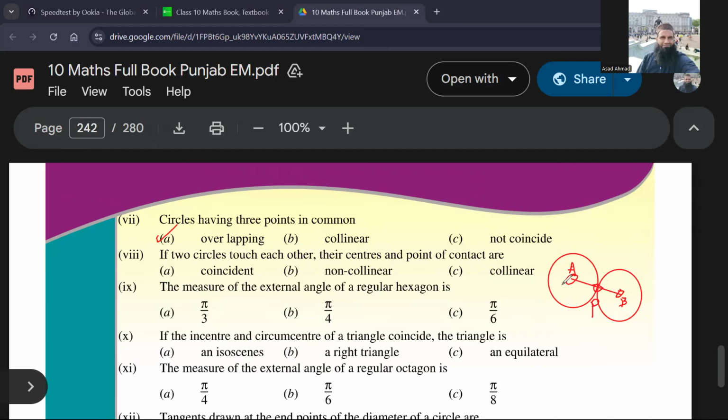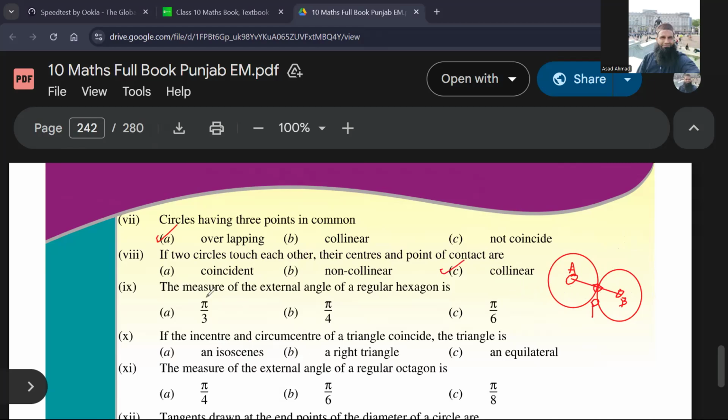Then all 3 points, their centers and point of contact, they lie on the same straight line. So if it is a case like this externally touching circles, even if the circles are internally touching, even then point of contact and their centers are always collinear, right? So this is for number 8.